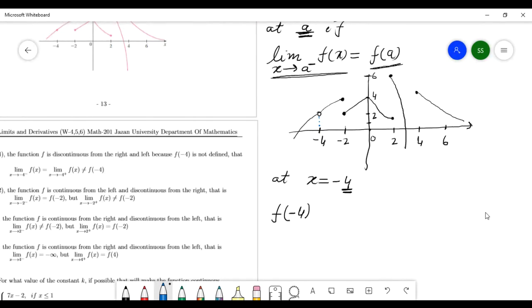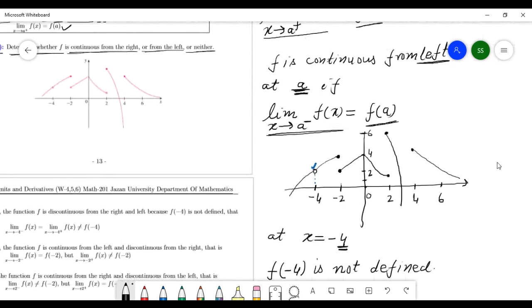This is the hole, no point here, no point. Okay, hole means function not defined. So here at this one point -4, f(-4) is not defined. No output because there is a hole, it is not defined. So this condition fails.